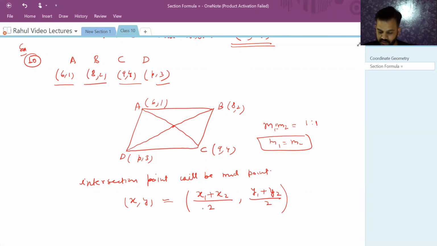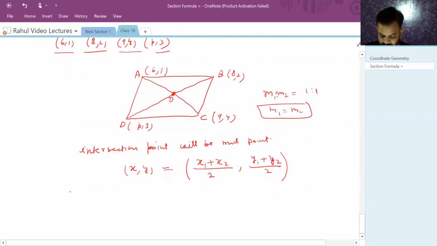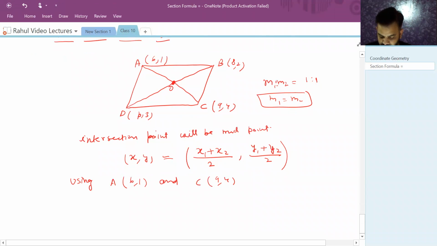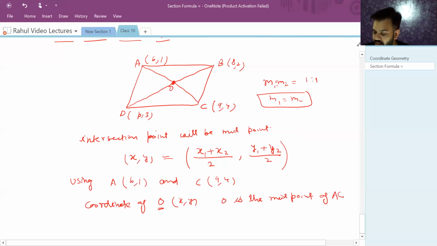So first of all, we know the points A and C, then you can find this point. Suppose this is O. Using A (6, 1) and C (9, 4), you can find out the coordinates of O (x, y), because O is the midpoint of AC.